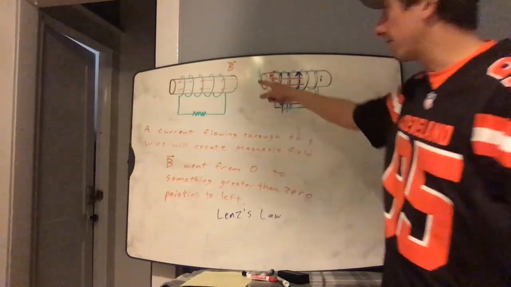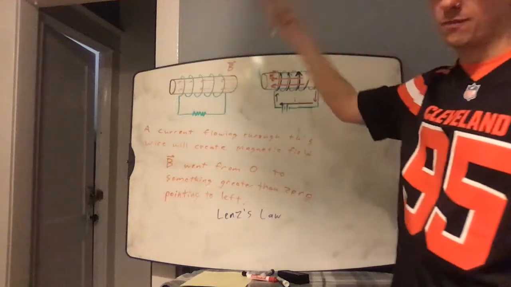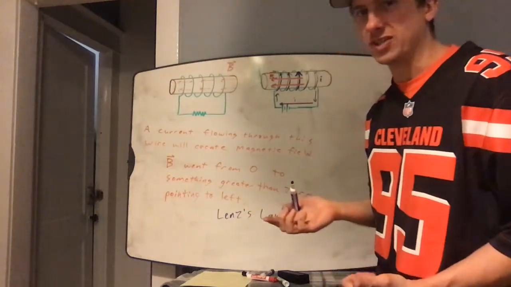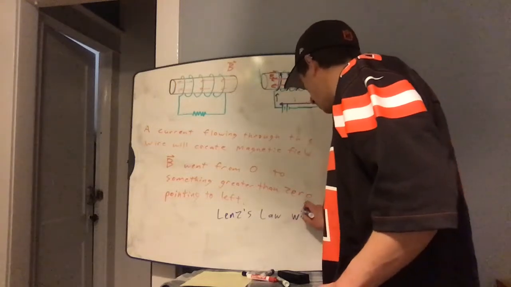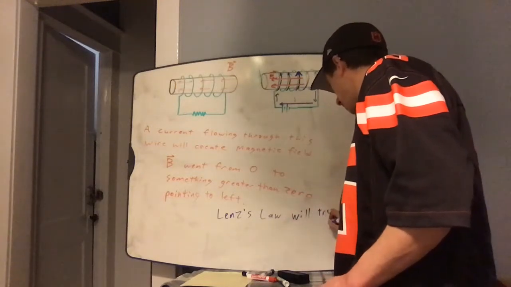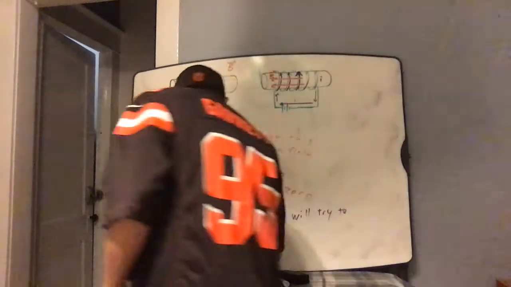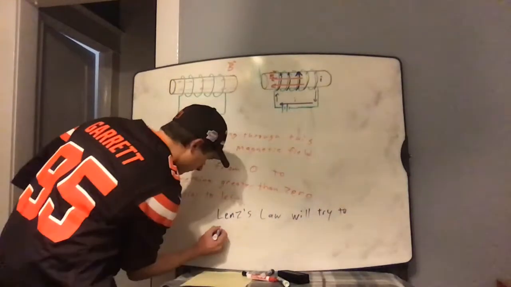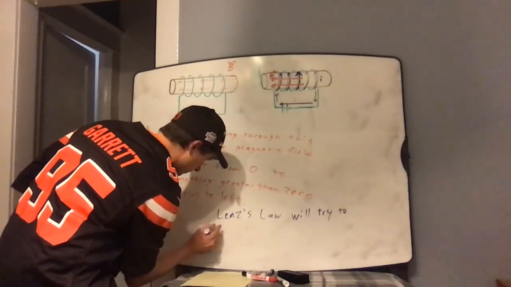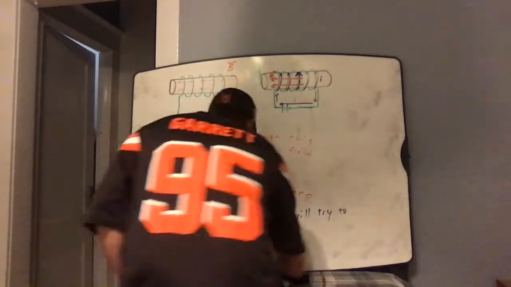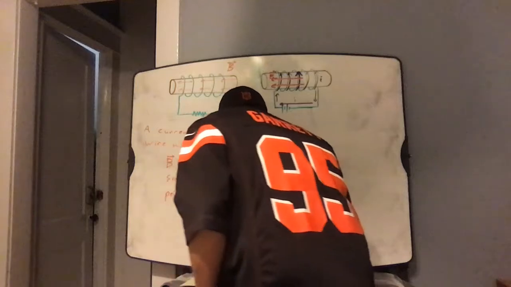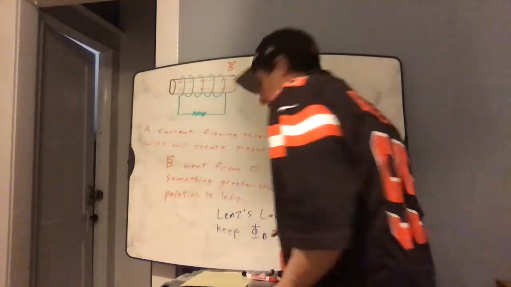Because when the magnetic field through the cylinder is 0, the magnetic flux through that cylinder will be 0 as well. So Lenz's law will try to keep the magnetic flux equal to 0.